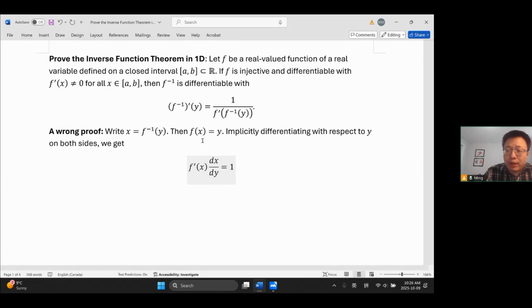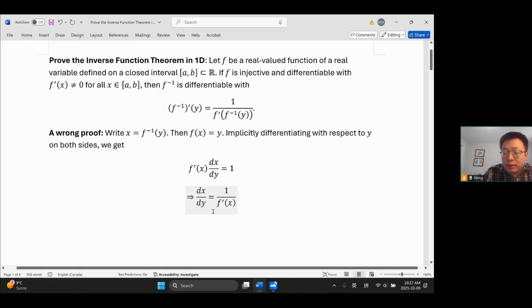So on the left-hand side, really we have a composite function. So differentiating with respect to y, we might consider using the chain rule. So the left-hand side now reads f prime of x times dx over dy. And the right-hand side is just the derivative of y itself, which is 1. And then we can rearrange this and get dx over dy is 1 over f prime of x.